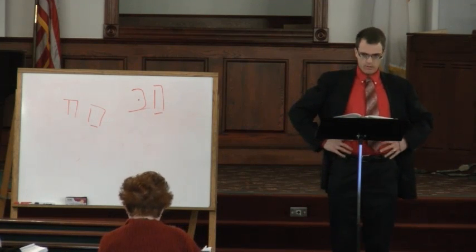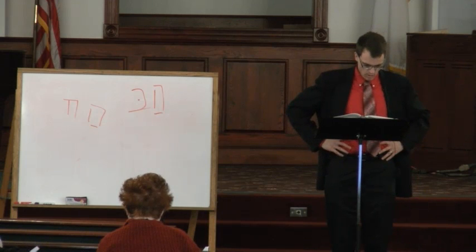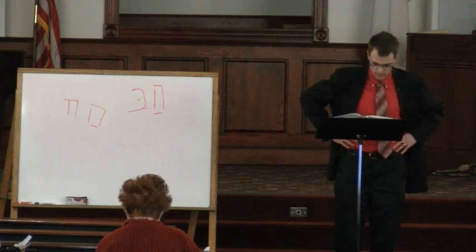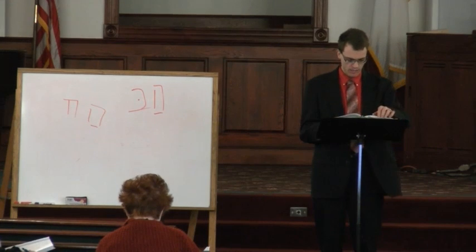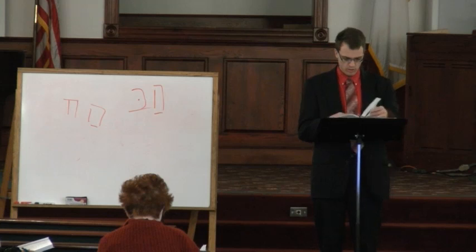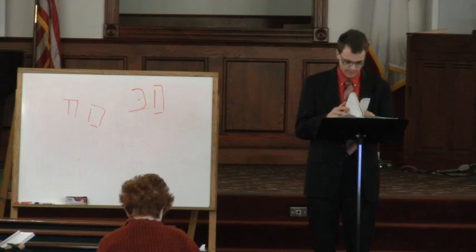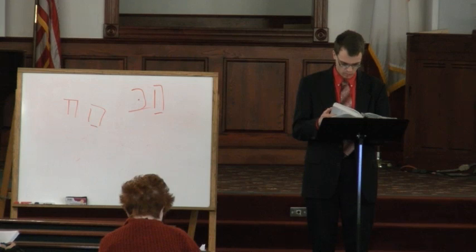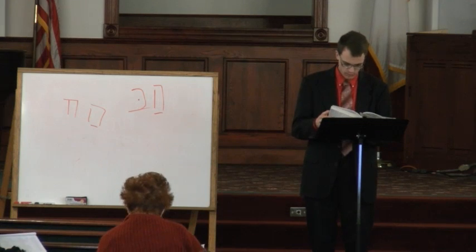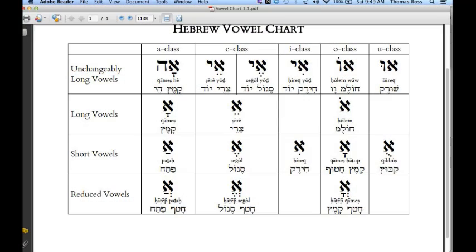It's a reduced vowel. Yes, the hatef patach, the hatef segol, and the hatef komets are basically the same thing as schwa, except they go under certain letters that don't take schwa. Namely, any of you remember which letters take those?